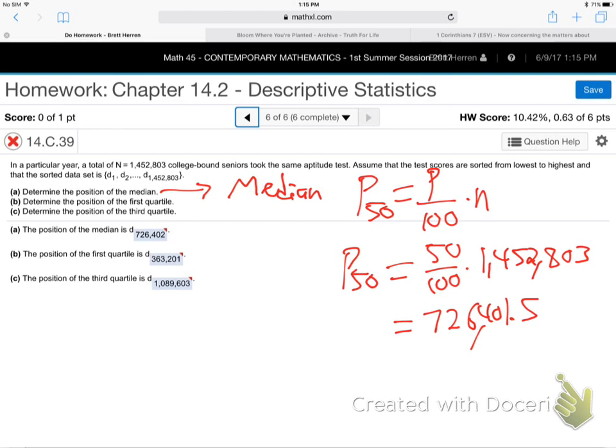So it came out at decimal, didn't it? So what do you do when it comes out at decimal? Up it goes. So 726,402.